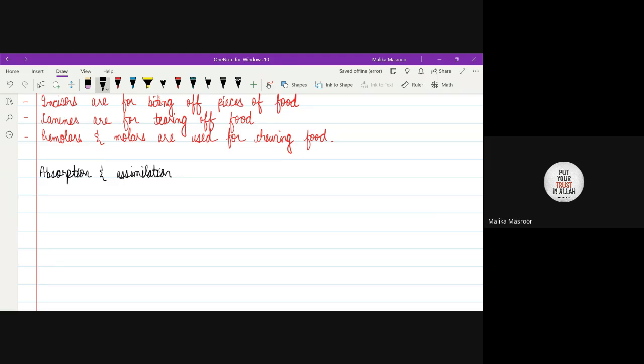Carbohydrates have been broken down to glucose, proteins to amino acids, and fats to fatty acids and cholesterol, like we just saw in the table. Now the small soluble molecules are able to pass through the walls of the intestine and into the blood. This process is absorption. And assimilation was absorption into individual cells.